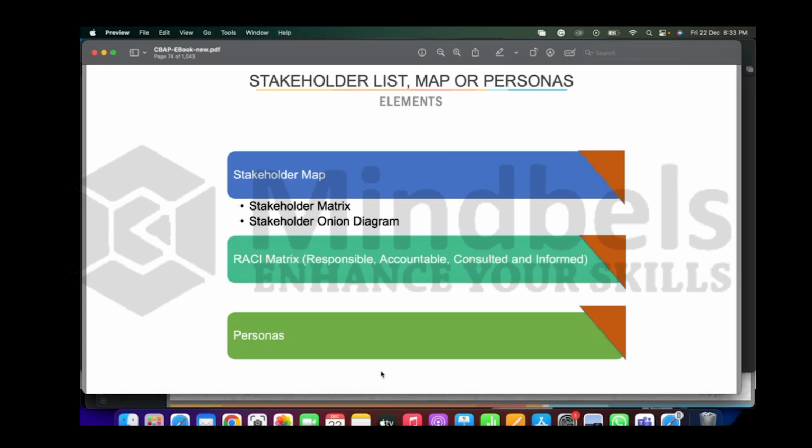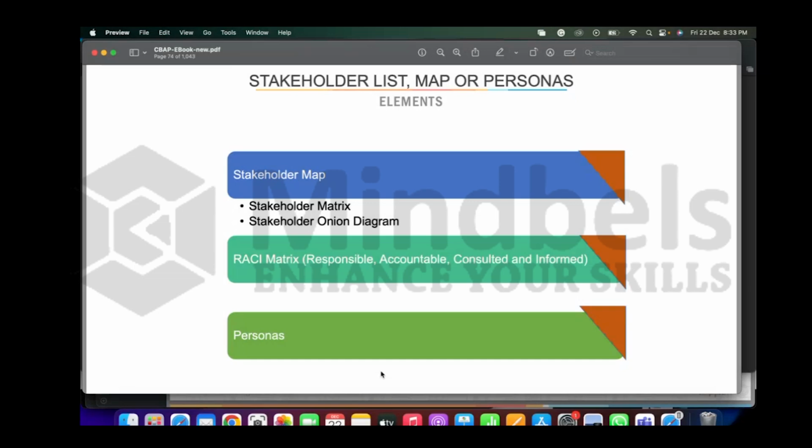If you want to know who the operations team is connected to: they are connected with the human resource team, the finance team, the admin team, and, let's say, the project management quality team. So you see there's a relationship built from one department to another. That is your stakeholder onion diagram.